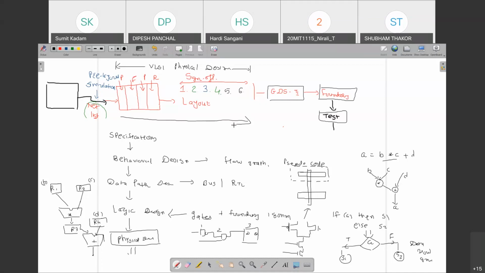But if it is a complex design, and all the designs nowadays are complex, not very simple basic like half adder, full adder, we have to take the help of software, or we have to pass our design through this step-by-step process: partitioning, floor plan, placement, routing. So this way, the entire VLSI design process goes from specification to final end user.